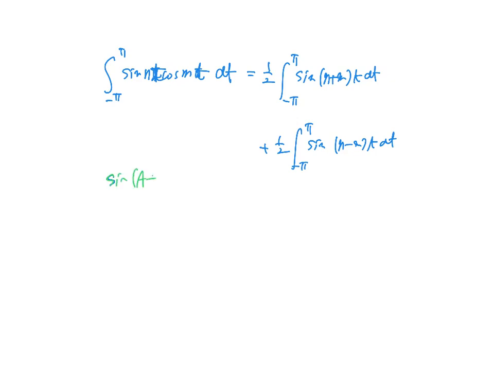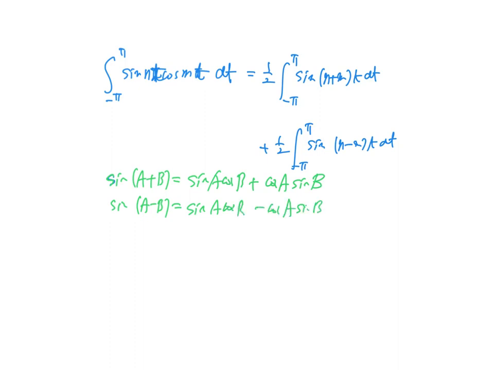Sine (a plus b) is sine a cosine b plus cosine a sine b. Sine (a minus b) is sine a cosine b minus cosine a sine b. So sine a cosine b is 1/2 of the sum.